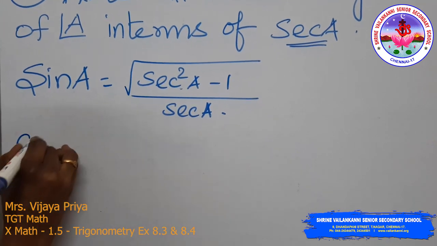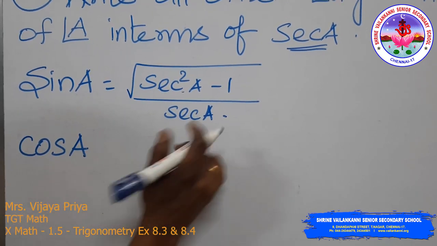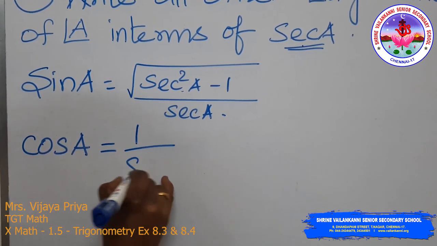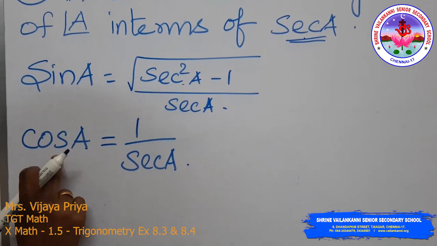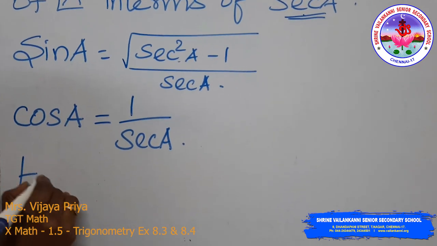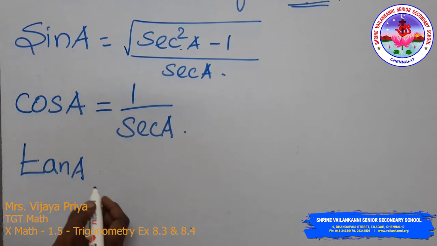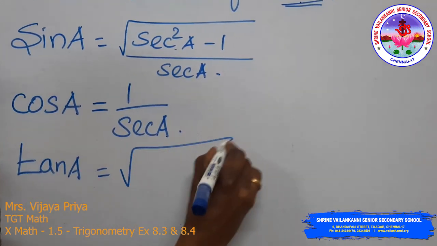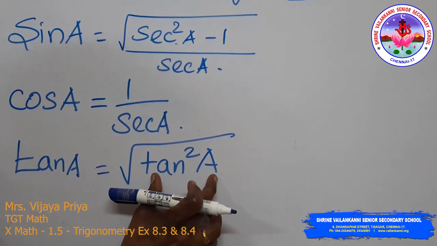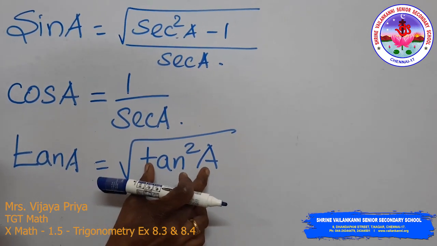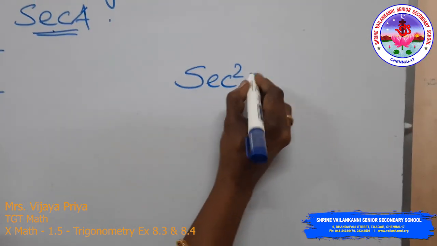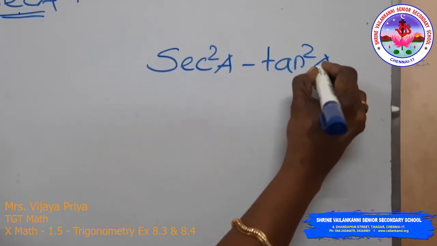Now I want to find the second function, cos A, in terms of secant A. We know that cos A is the reciprocal of secant A. Thus I expressed cos A in terms of secant A. Now going for tan A. Tan A can be represented as square root of tan squared A. For tan squared A I can use my identity secant squared A minus tan squared A is equal to 1.